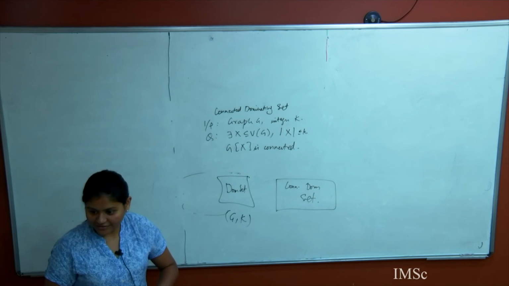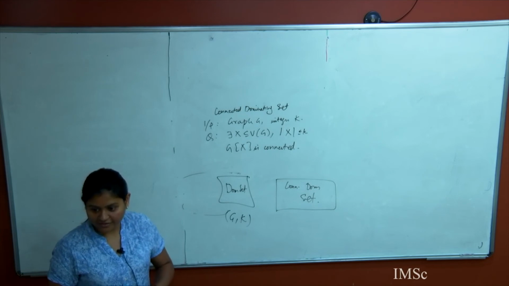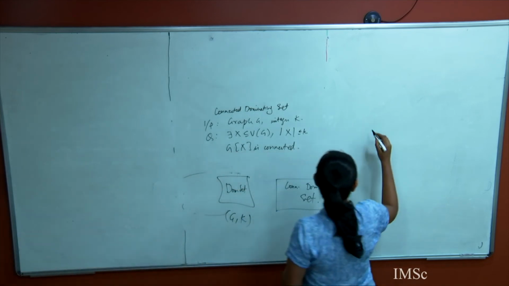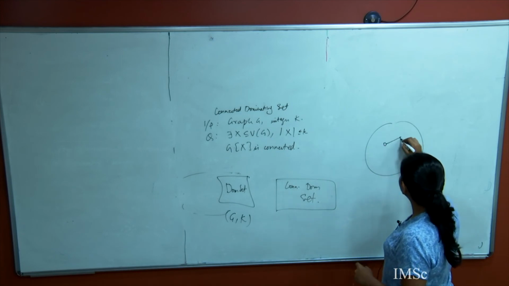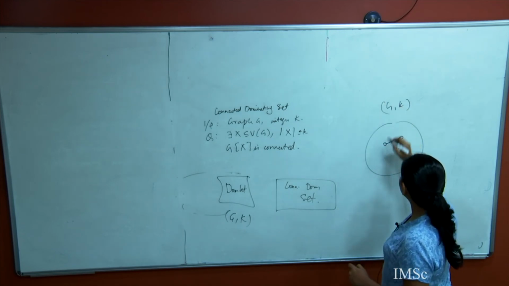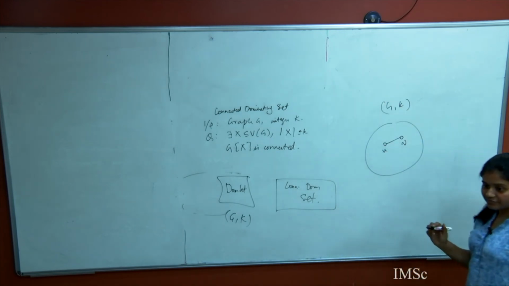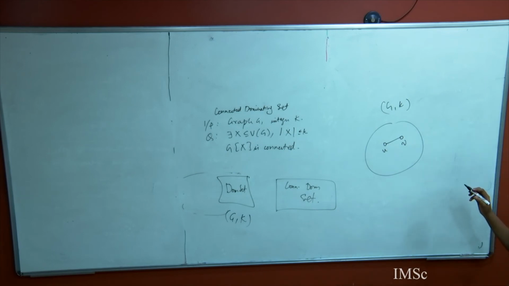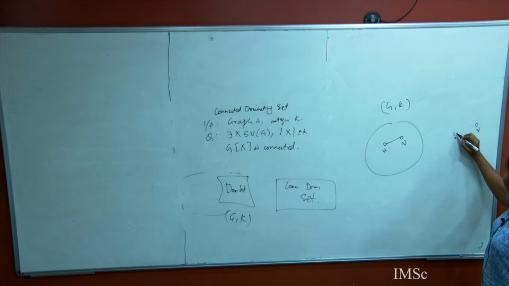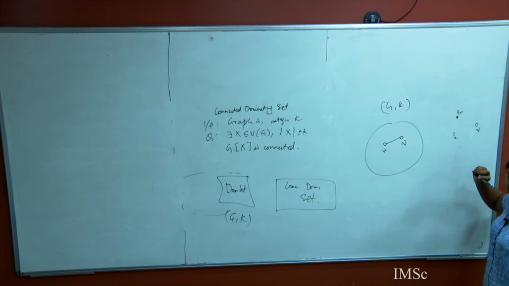So you introduce a vertex for each UV. We have this graph G, so this is G comma k. For each edge UV, introduce a vertex e_UV.